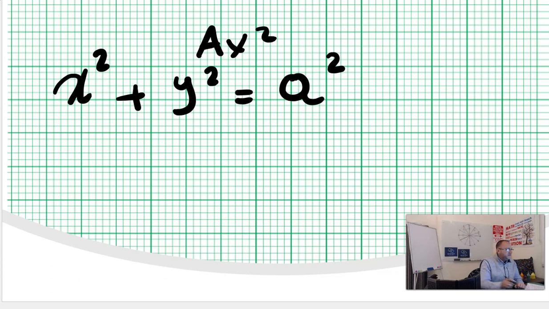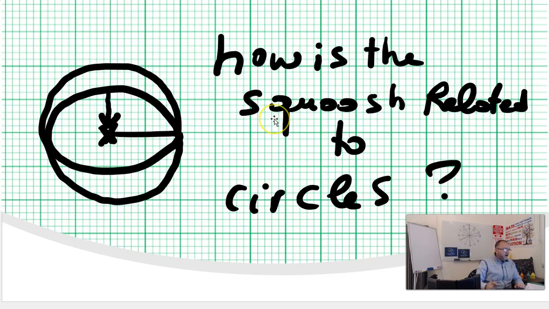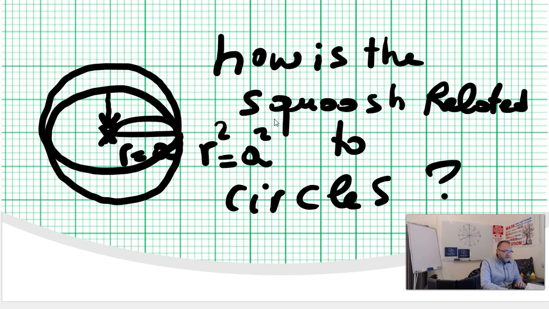Let's keep this r equals to a, which is the focal radius of the ellipse here. Okay? That's all I'm asking you to do for now. This r, instead of r squared, I'm gonna do a squared.